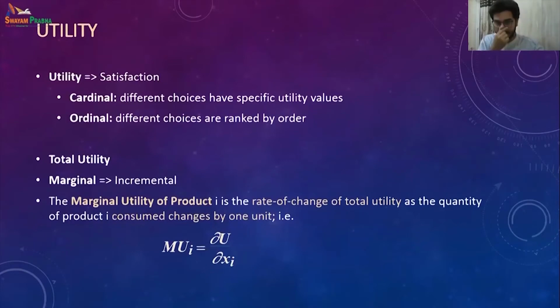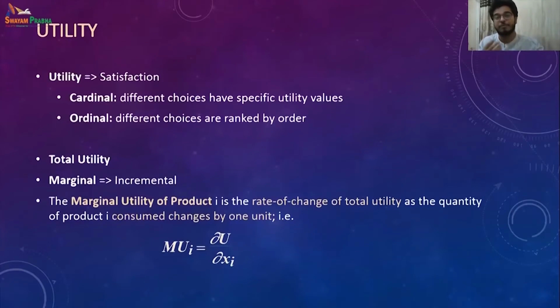So marginal utility for product X1 is delta U by delta X1. Delta is the change, U stands for utility. So change in utility divided by change in the amount of product X I am consuming.